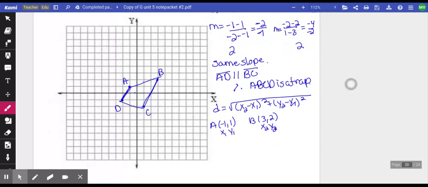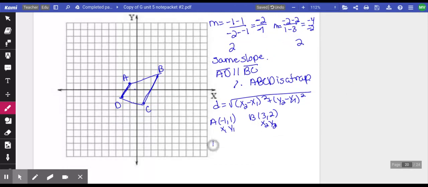So I substitute it into my formula. So it's 3 minus -1 squared plus 2 minus 1 squared. Do that on my calculator. And it's the square root of 17. Once again, you can make a decimal, but it's a long, yucky decimal. And I'm going to do the same thing with DC. So D is -2, -1. C is 1, -2.